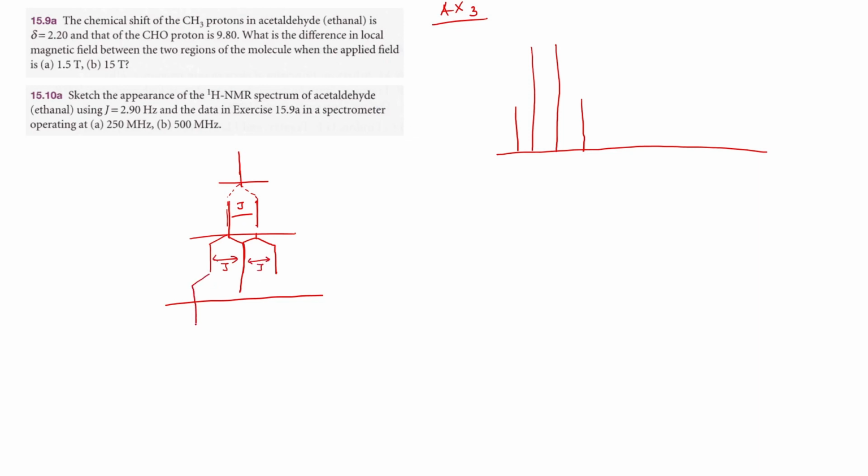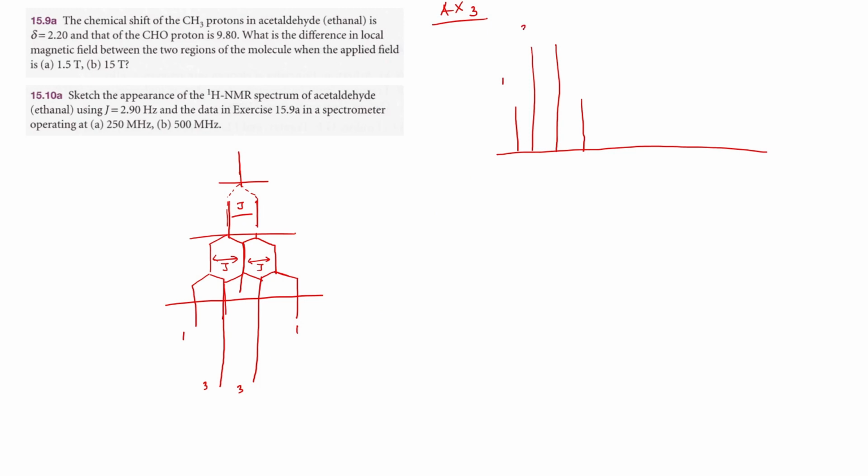Now it again will split into 2. For this it will have another 2, 1 is to 2 is to 1, and 1 is to 2 is to 1. Now here it is 1 is to 3, because 1 from here and 2 from here, and here it will be 1. So it is actually 1 is to 3 is to 3 is to 1.